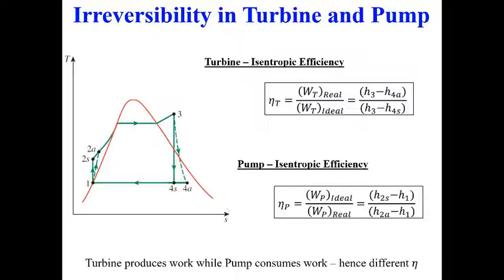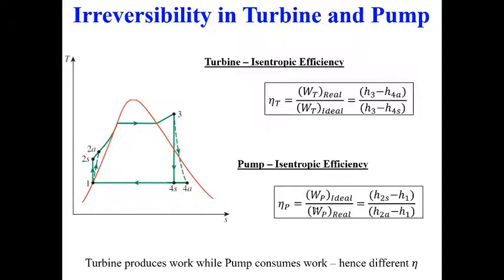So if my real cycle work is more than what I saw in the ideal cycle, then the efficiency of the turbine will increase. On the other hand, if I need to spend more work to run the pump than was planned in the ideal cycle, then it means we have a lower efficiency. If real is more than ideal, I will have a lower efficiency for the pump, but if real is more than ideal for the turbine, then the turbine is doing a good job. It is better than what was planned using the ideal cycle assumption.